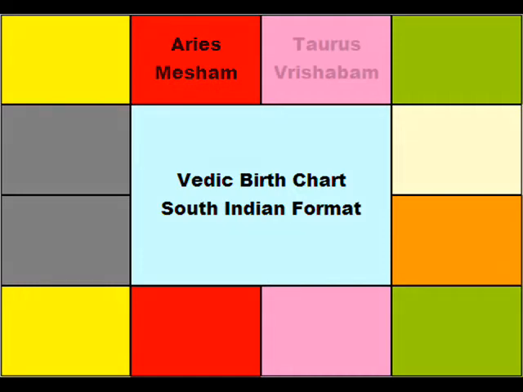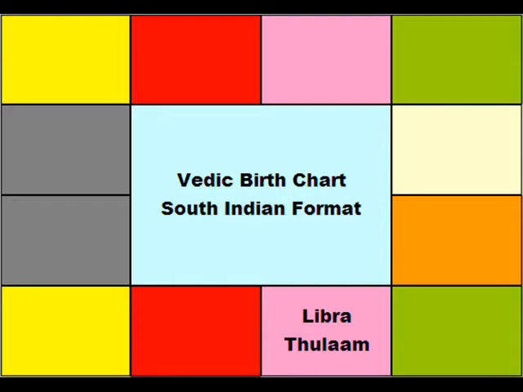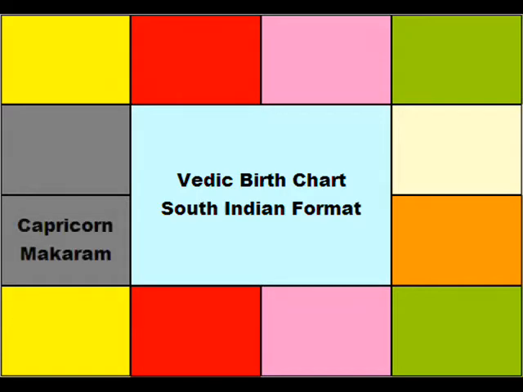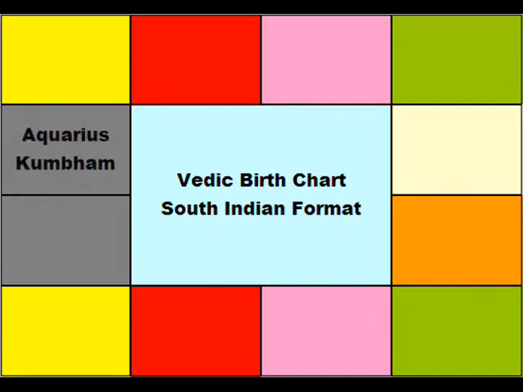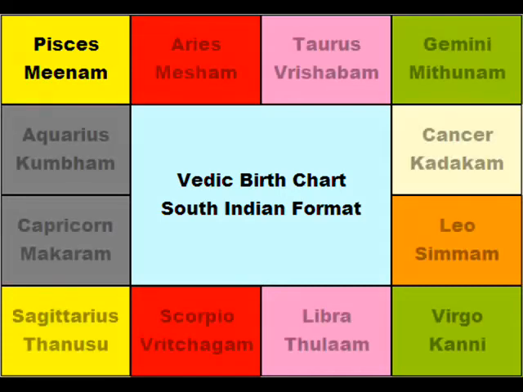Next is Taurus, Vrishabham, Gemini, Midunam, Cancer, Kadagam, Leo, Simmam, Virgo, Kanni, Libra, Tulam, Scorpio, Vrichagam, Sagittarius, Dhanusu, and the next is Capricorn, known as Magaram, Aquarius, Kumbham, and finally Pisces, which is called Meenam.